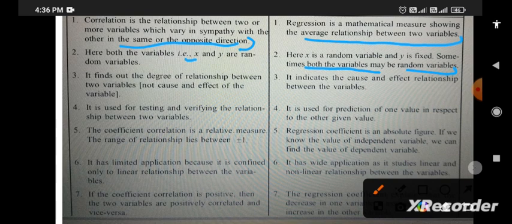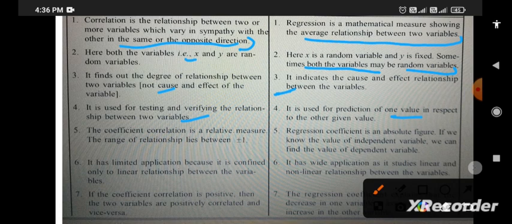The correlation finds out the degree of relationship between two variables, but it does not tell us about the cause and effect of the variable, whereas the regression indicates the cause and effect relationship between the variables. Correlation is used for testing and verifying the relationship between two variables, and regression is used for prediction of one value in respect to the other given value.